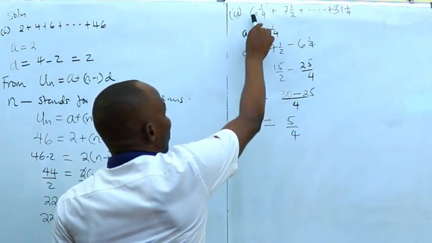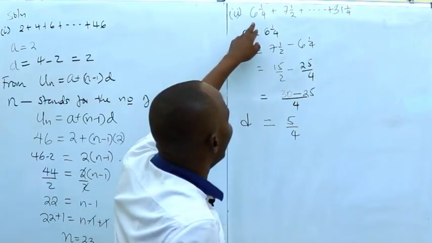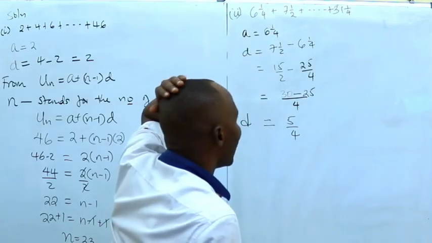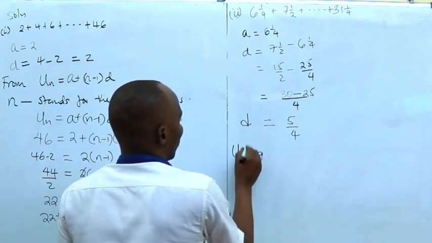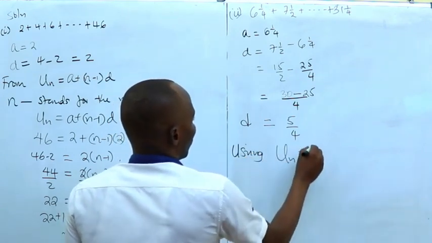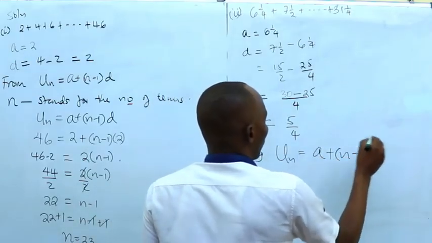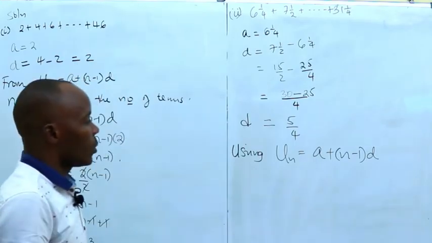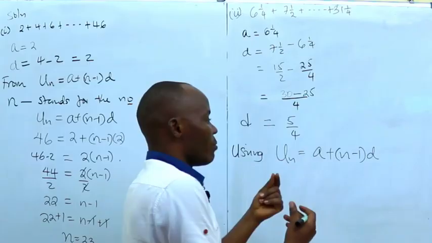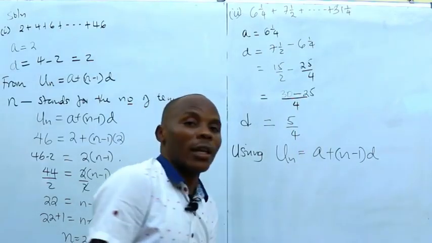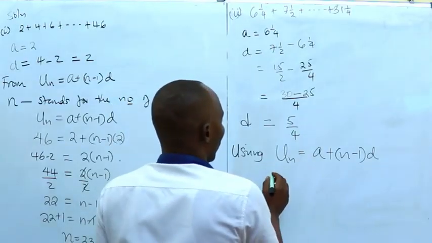Now, after coming up with that, the question wants you to determine the number of terms. That is, if you list them down and count them from 6 and a quarter up to 31 and a quarter, what do you get? So if I use Un is equal to a plus n minus 1 into d, I've said the expression for the last term, if you're given a finite series like the one we have there.